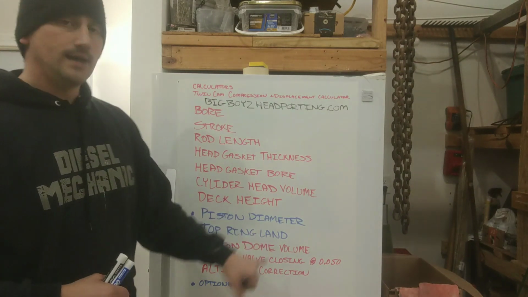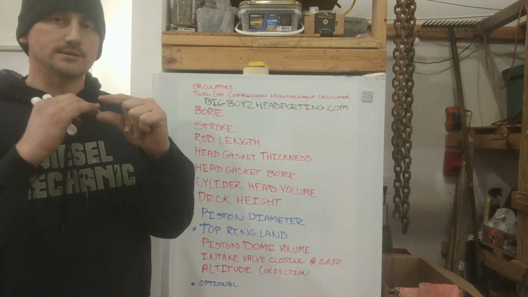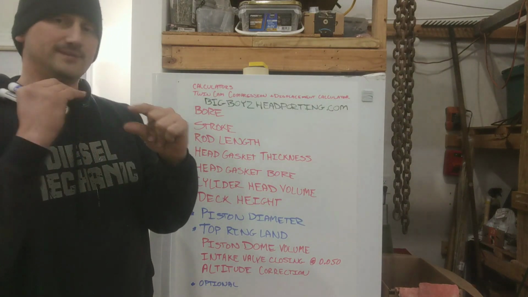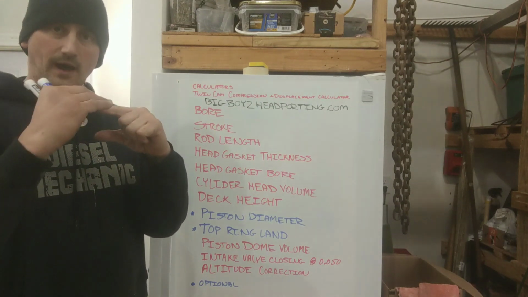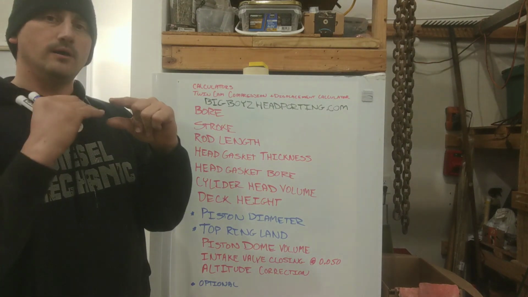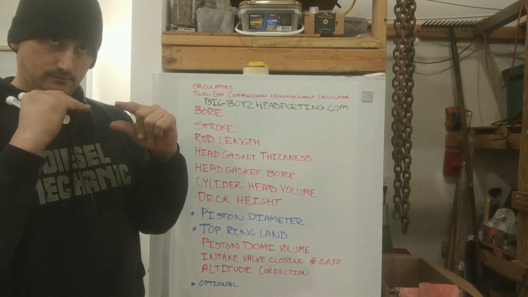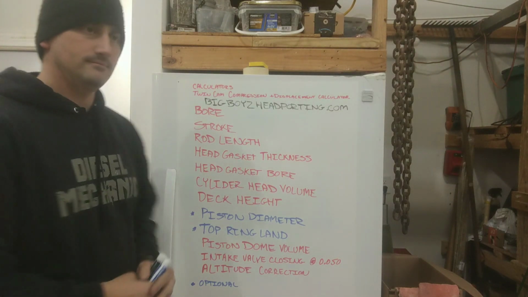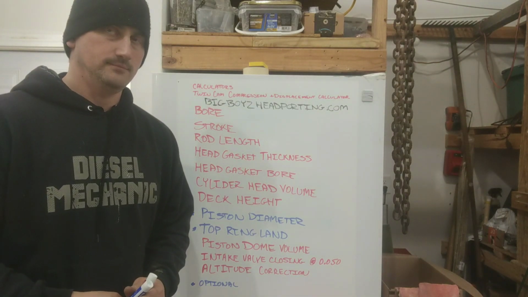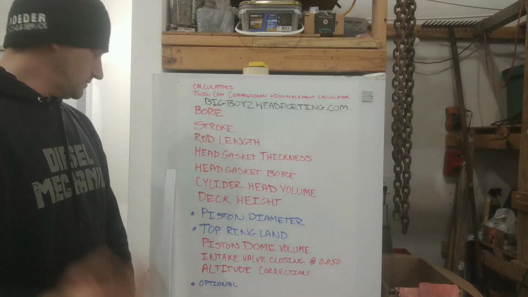When I say top ring land, that's the distance from the top of the piston to the top of the compression ring. The piston dome volume, of course.